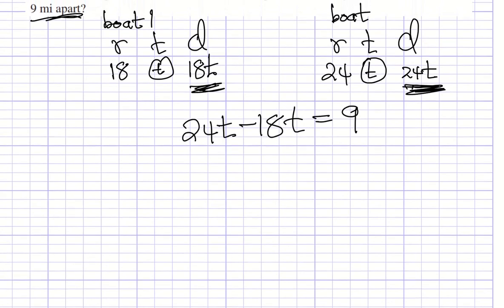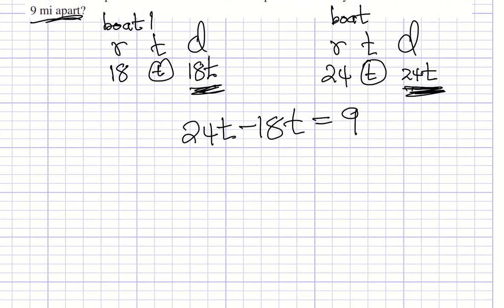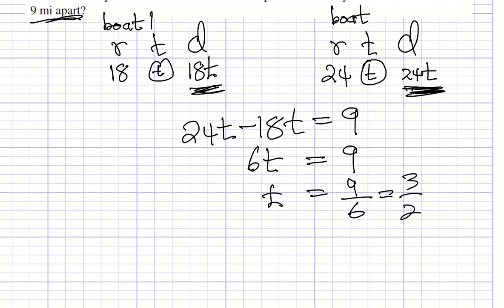That way, if you see it in the exam, you just set it up like that and solve it, okay? So this is a linear equation in one variable. You simplify the left side, you get 6T, right? Yeah, 6T is equal to 9, and then divide by 6. T is equal to 9 over 6, that is 3 over 2.